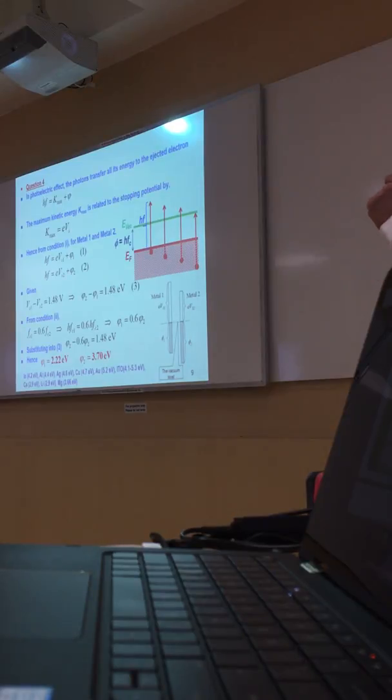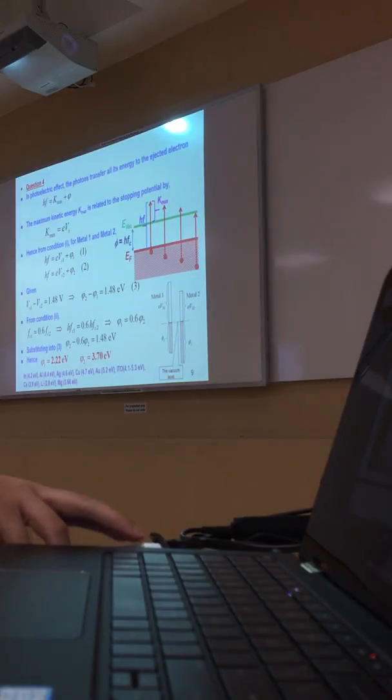So from here you can see that the maximum kinetic energy happens for this transition, for electrons at the Fermi level. When it's excited, it will have the maximum excess energy, maximum kinetic energy. So when electrons are emitted, there will be a band of energy starting from 0 up to K max. Is it clear? Okay?